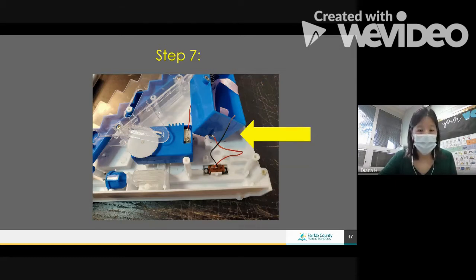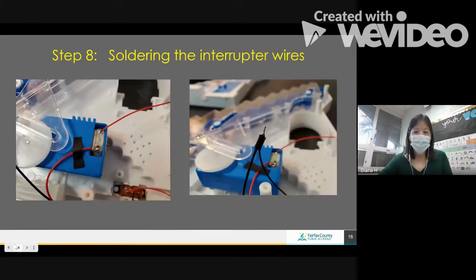Which actually leads me to step 8. Let me move us into step 8 on the slide deck. At this point, we're going to solder the interrupter wires together. Make sure that you insert the wire into the hole that you have drilled.